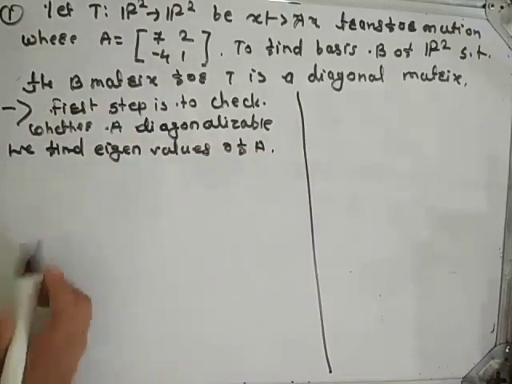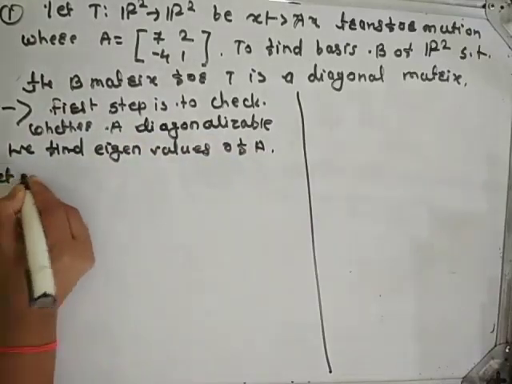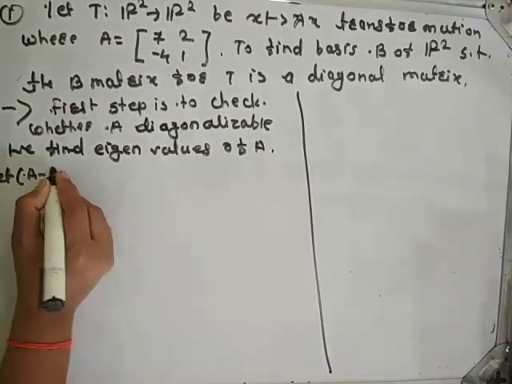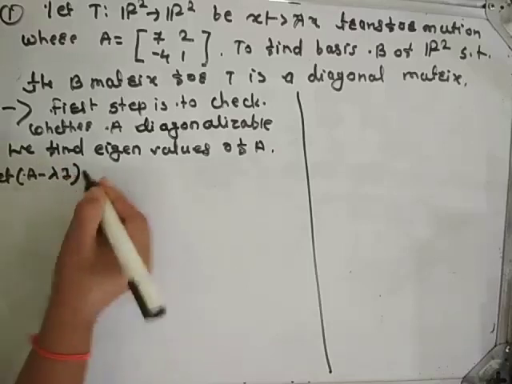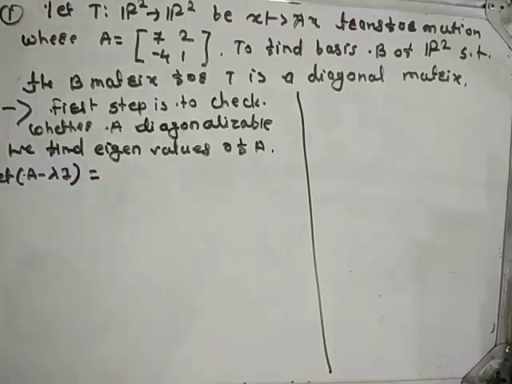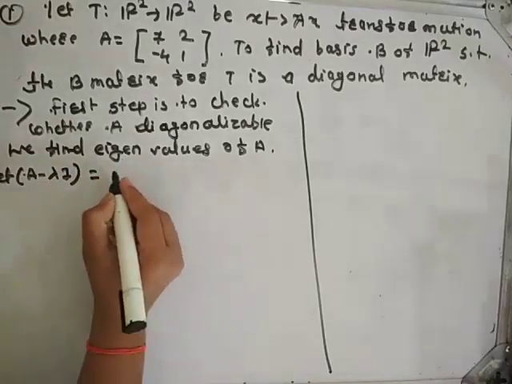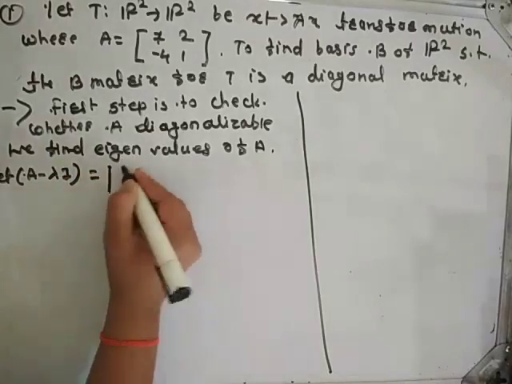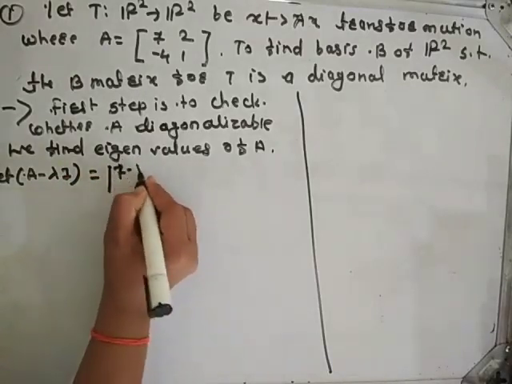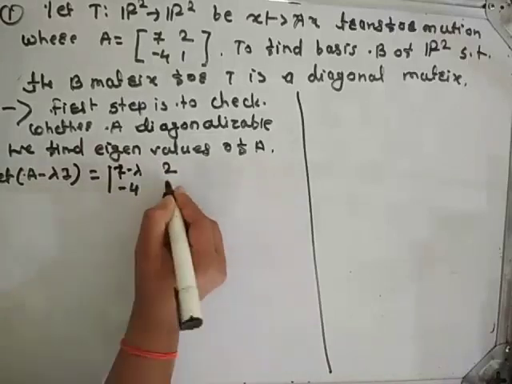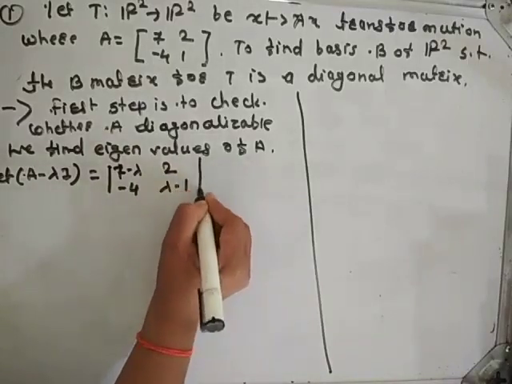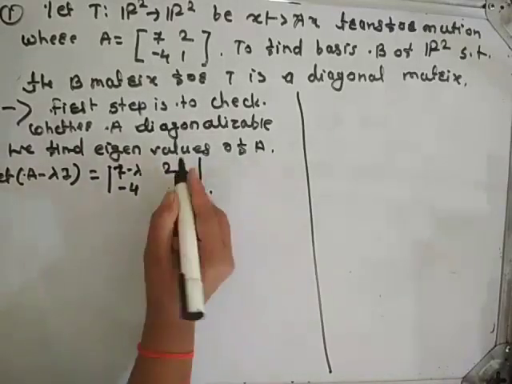by using the characteristic equation. The characteristic equation is determinant of A minus lambda I equals 0. Determinant of A minus lambda I is the determinant of 7 minus lambda, 2, minus 4, 1 minus lambda.